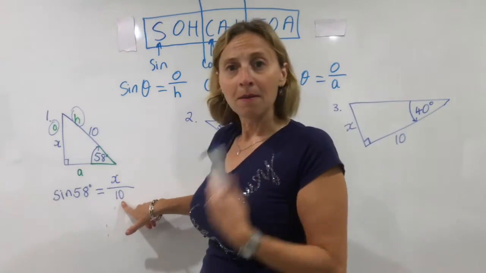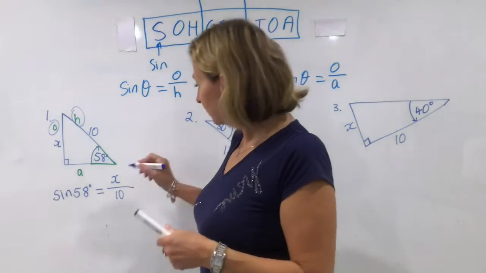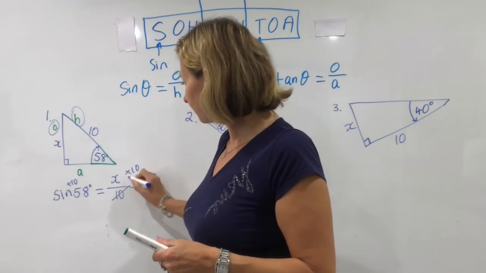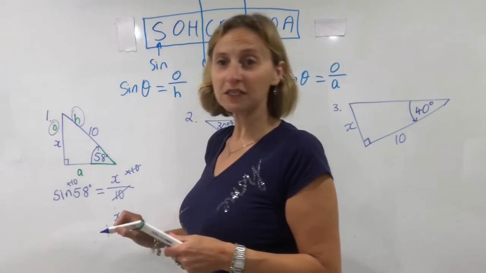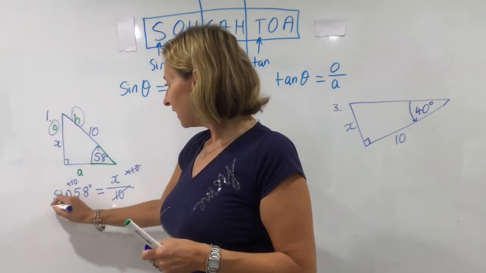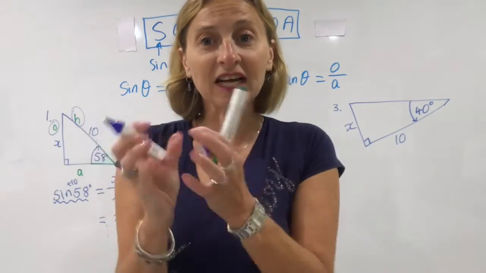So here, the way that I do equations is that I always try to get rid of a denominator first. So I'm going to times both sides by 10. They cancel, and I'm left with x equals. Now, be careful here. The sine 58 is stuck together.